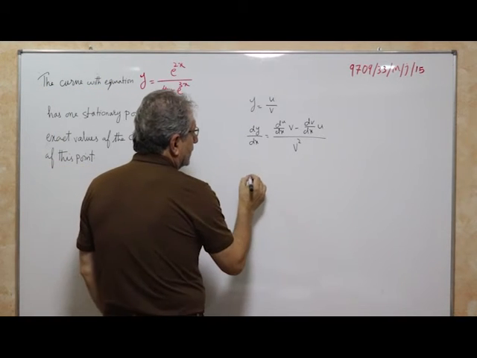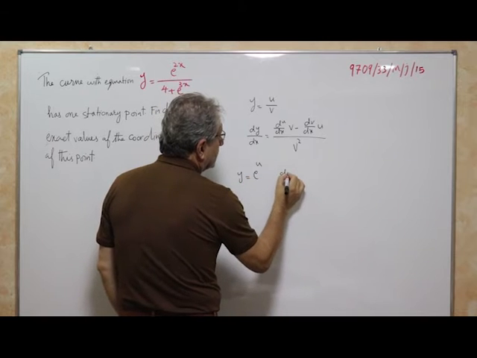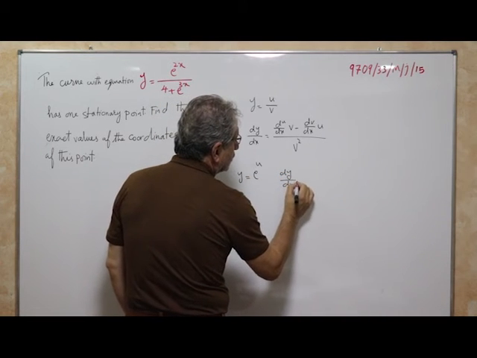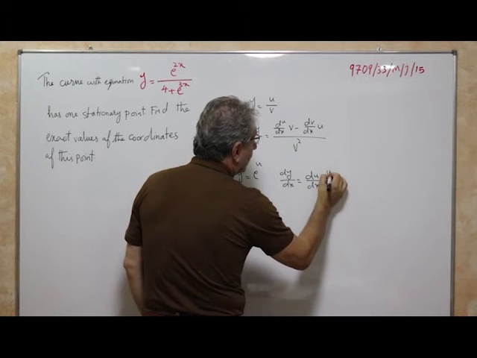Now, first of all, I have to differentiate this. If you have e to the power of u, then dy by dx is equal to du by dx times e to the power of u.